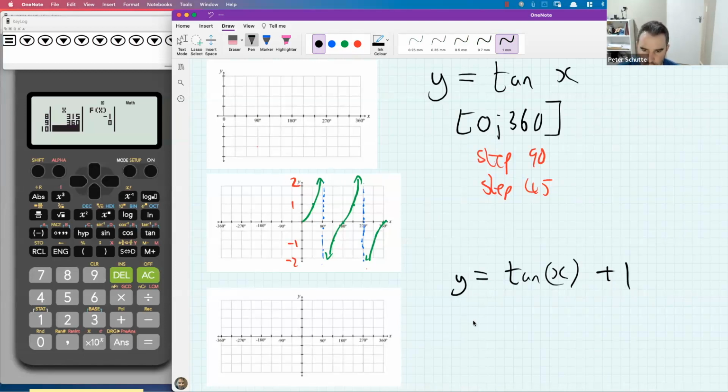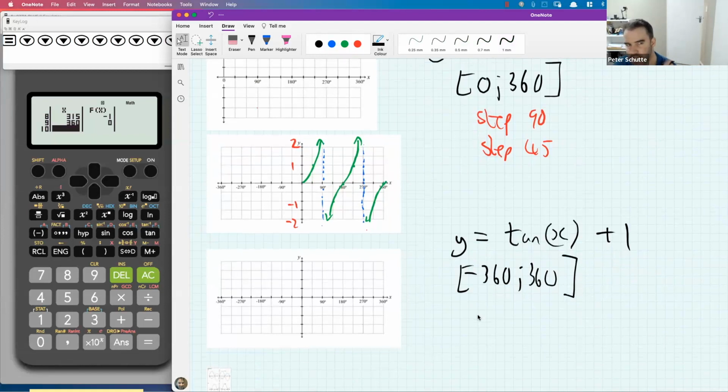And I want you to do that on the domain minus 360 to plus 360. Go ahead and see if you can draw that graph. Now, in terms of just logic, this is called a vertical shift upwards by 1 unit. That's what that is doing. But let's see if you can draw that graph for me.